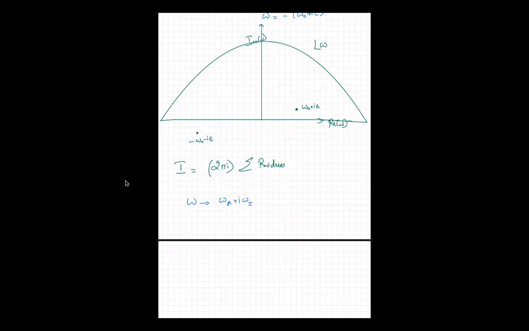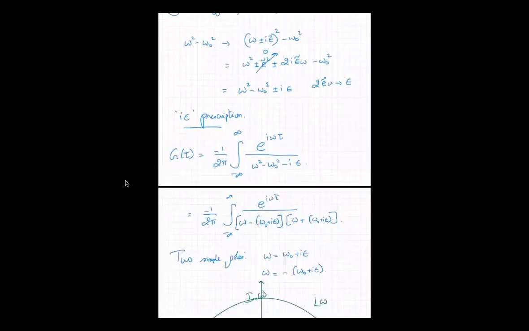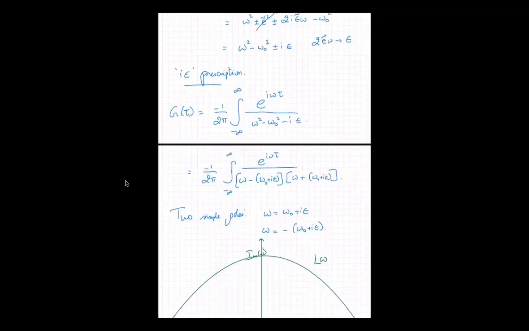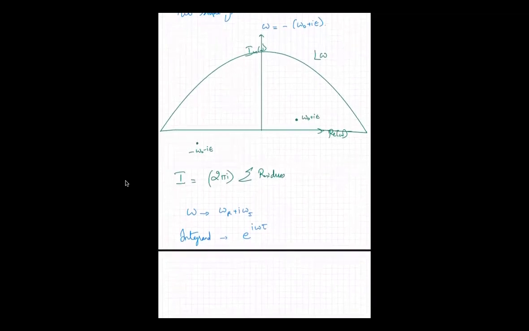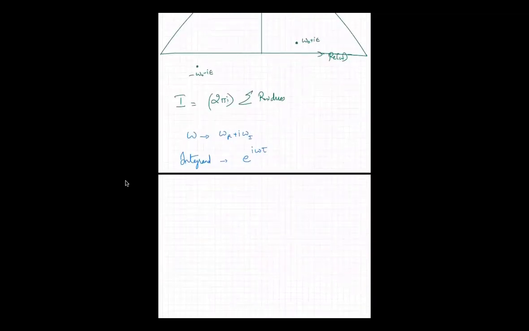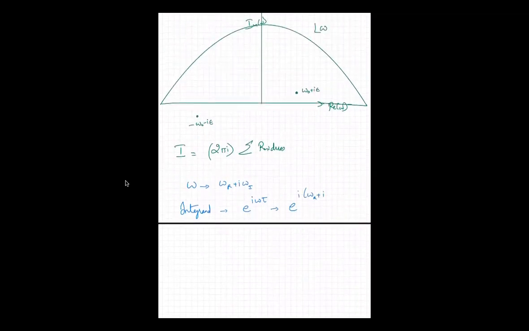Now the integrand has an e to the i omega tau, right? So if you go back and look at it, the numerator has an e to the i omega tau, which means if I choose the radius of the semicircle to be very large, in very large parts of this complex omega plane, this is going to have a contribution e to the i omega real plus i omega imaginary, and the omega imaginary value is, let us say, some r.